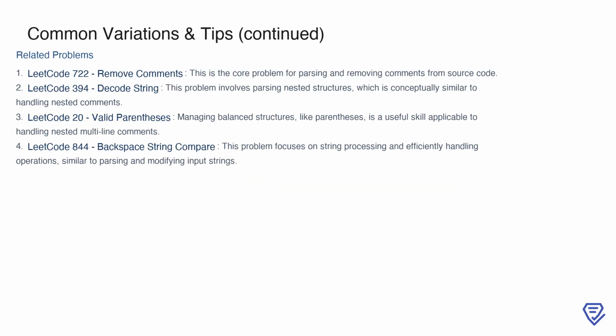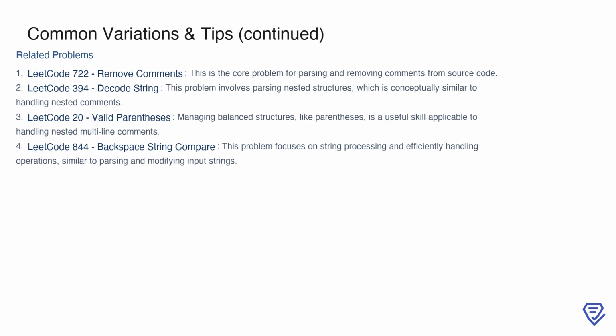The remove comments problem shares similarities with several other problems you might encounter. The core problem itself, LeetCode 722, focuses specifically on parsing source code to strip out comments. Another related problem is LeetCode 394, decode string, which involves parsing nested structures, a skill that is conceptually similar to handling nested multi-line comments.